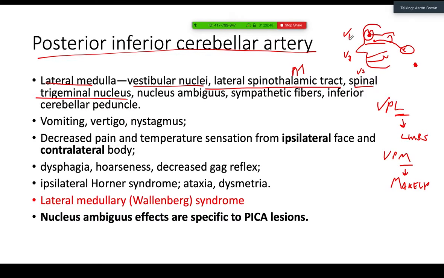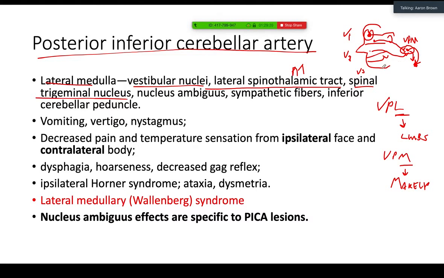So our V1 is going to transmit all of the sensory from the upper part of our face to the VPM of our thalamus, okay? From there, that sensation is going to go to the spinal trigeminal nucleus. That's in the medulla. V2, any sensation from the middle part of our face, from our nose to our upper lip, all of that sensory information, again, is going to synapse at the VPM, and then that next nerve is going to go to the spinal trigeminal nucleus.